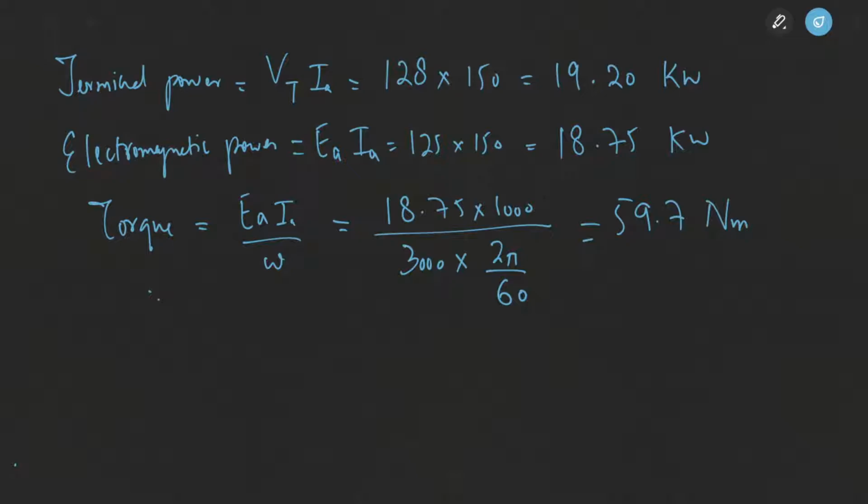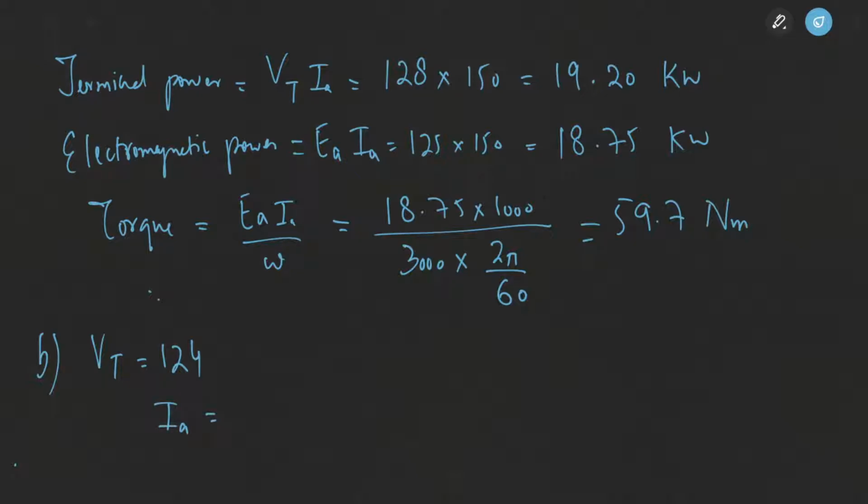So this is case A, where the terminal voltage that is being applied to this motor is 128 volts, whereas the internal generator voltage was 125 volts. Similarly you can do case B. Vt is equal to 124 volts now. Once you calculate with Vt as 124 volts, you will see that the current will come out to be negative.